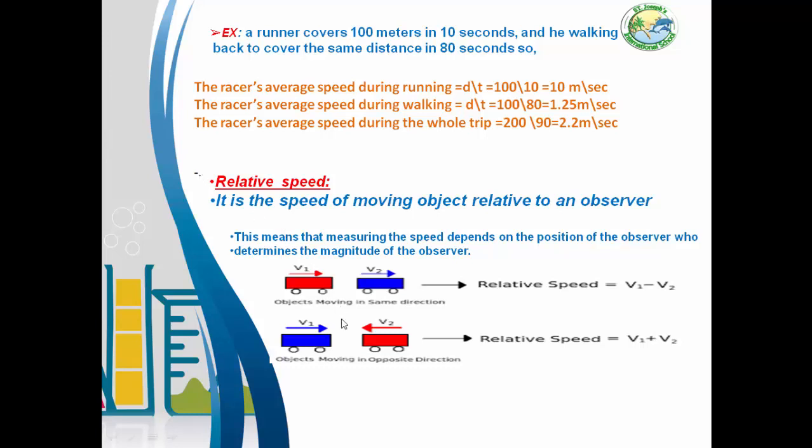If the observer is at rest, the relative speed will be the real speed of the moving object. If he moves in the same direction as the moving object, the relative speed will be the object speed minus the observer speed. If they are moving in opposite directions, relative speed will be object speed plus observer speed.